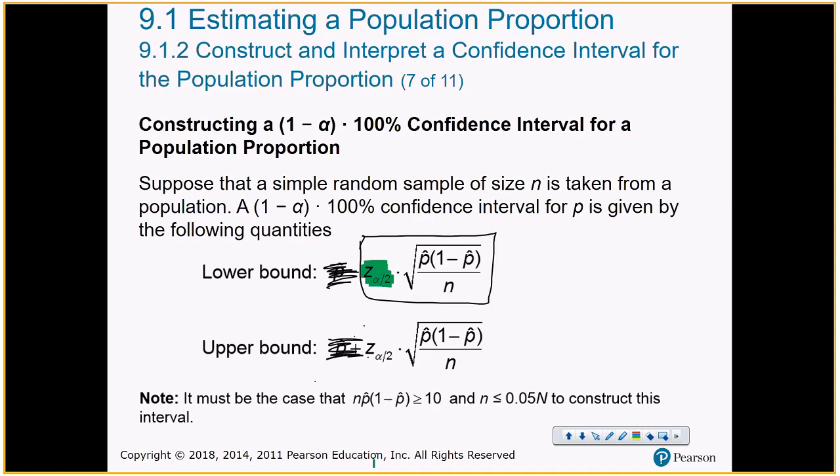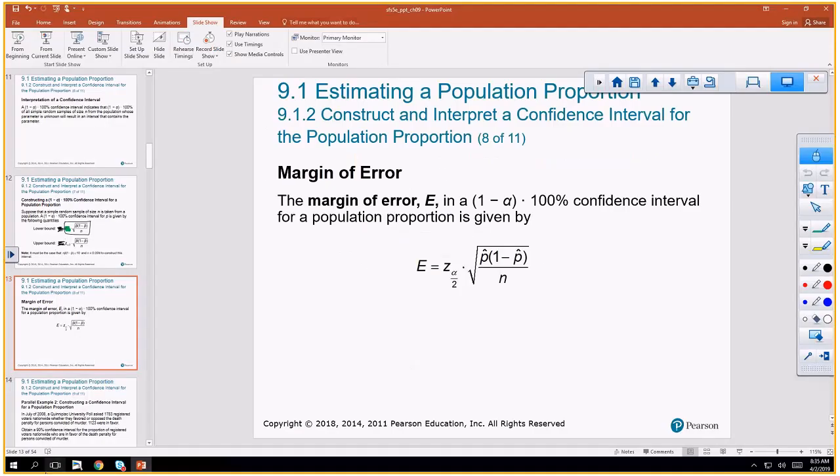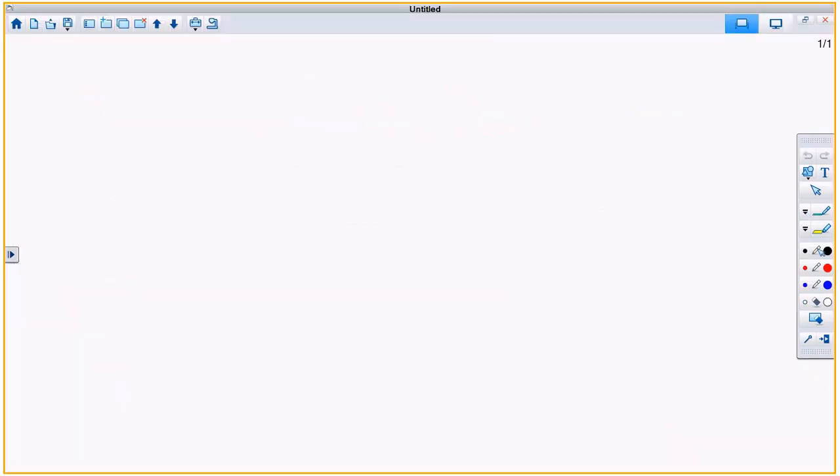So let's take it to a whiteboard. And P hat Q hat over N, remember that. And let's go to the whiteboard. So we're going to have a table.